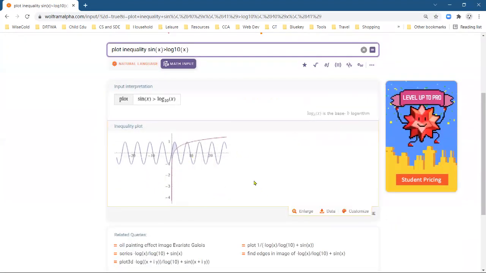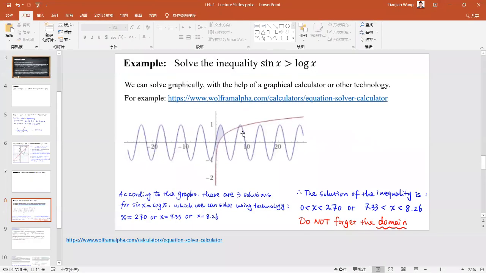And then you can see here, it plots the two graphs of these two functions. Okay, I'll show you on this lecture slides. This is actually the two graphs of these two functions, right?